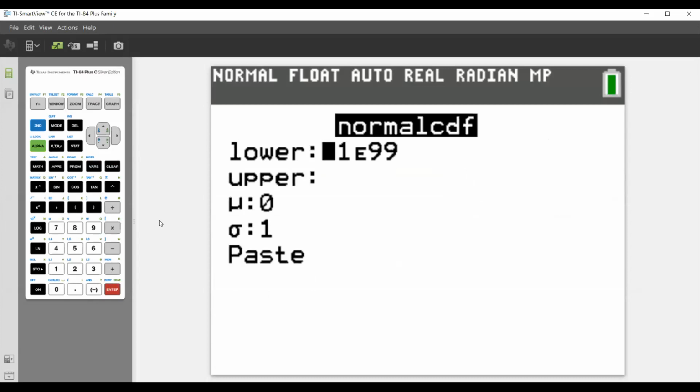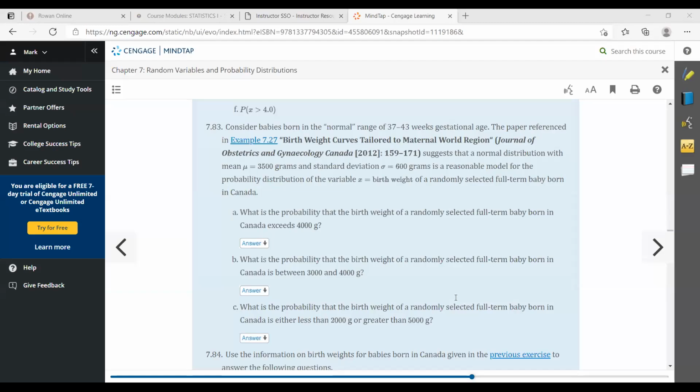But what are we going to use? Let's go back. I actually did not show you the rest of the question. Oh, wait, yeah, we did. So we want to know the probability it's greater than 4,000. All right, sorry about that.